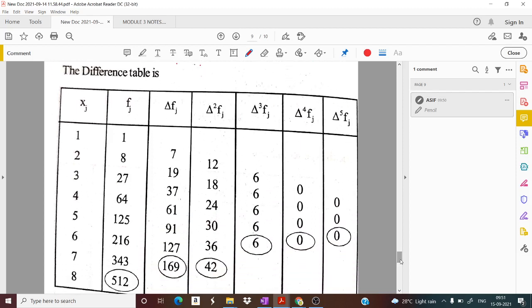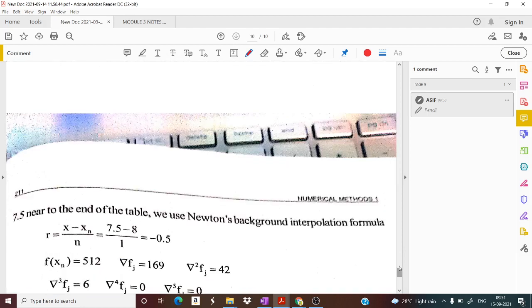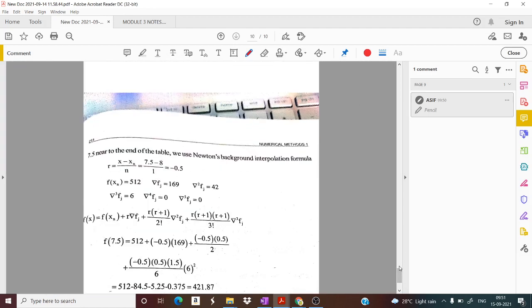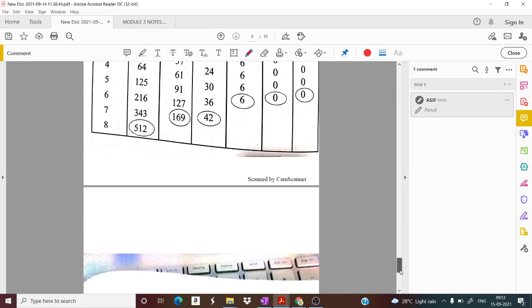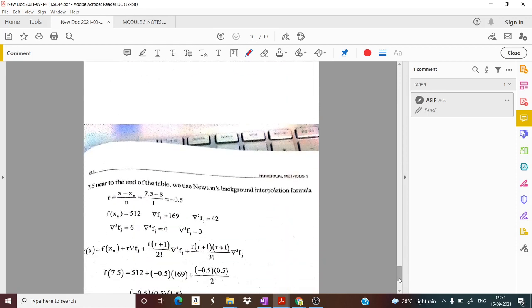Okay. So you write xj, fj, delta fj, or if it is backward, nabla fj, nabla square fj, nabla cube fj, etc. Now if you calculate this, then after that you have to find out r.